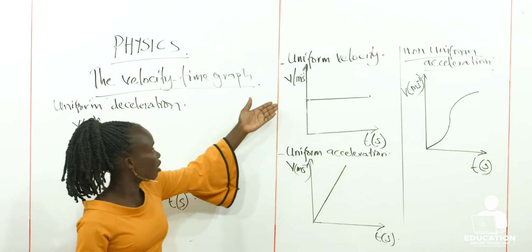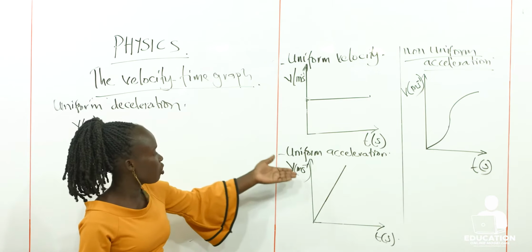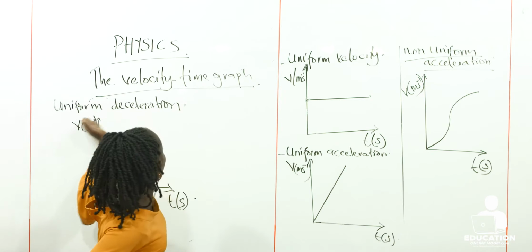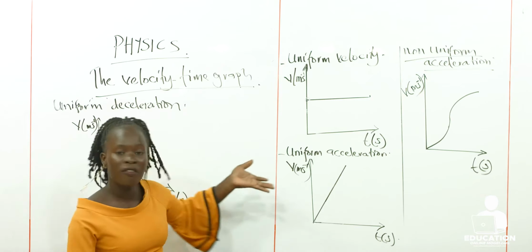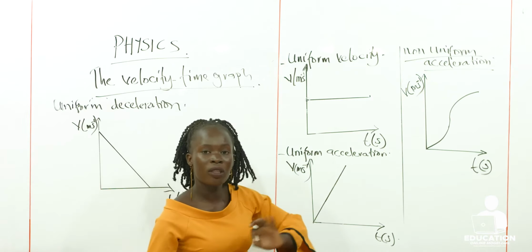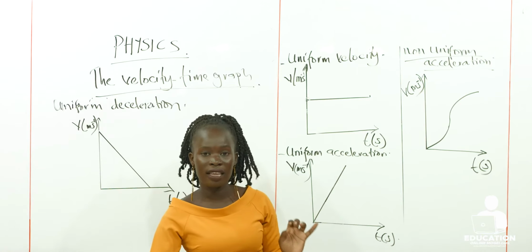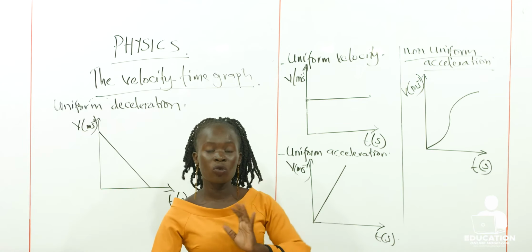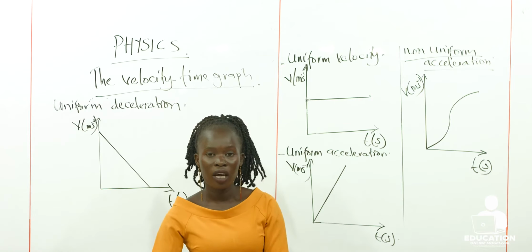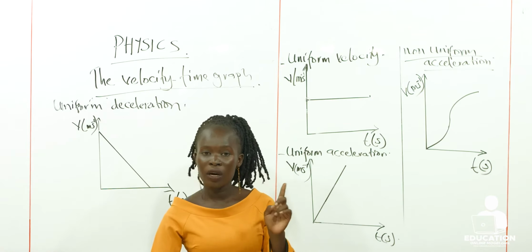If you check the uniform velocity, uniform acceleration, and uniform deceleration, all of them have straight lines. That means that in linear motion, when the bodies have straight lines like that, it becomes so easy for you to combine and explain the whole motion of the body in one single graph.